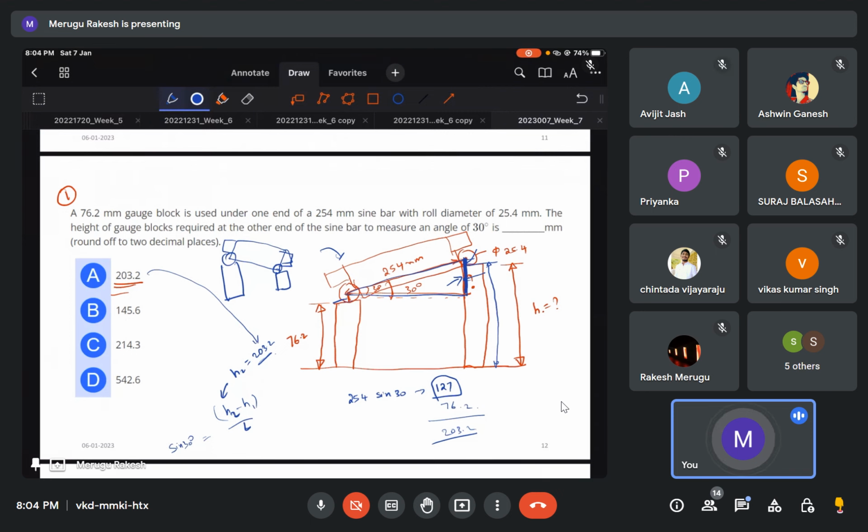The other one who is asking why we are removing this: H1 is measured from here. Since we are already having this, we are not removing this side.